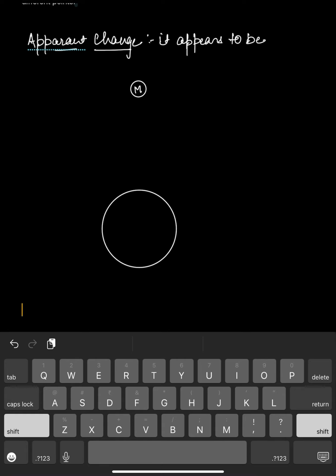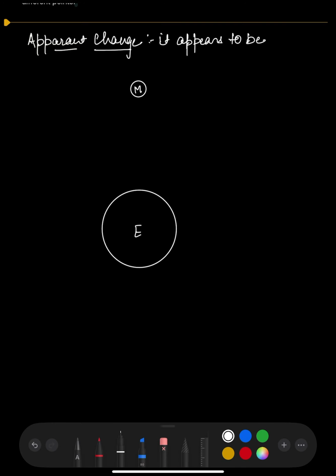So here the observer is at two different places. Both of your eyes are acting as an observer. So this is Earth, and you are observing the Moon from here.